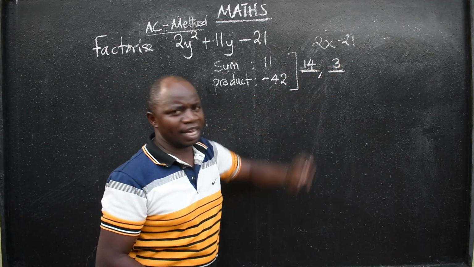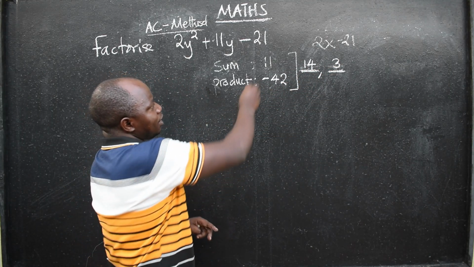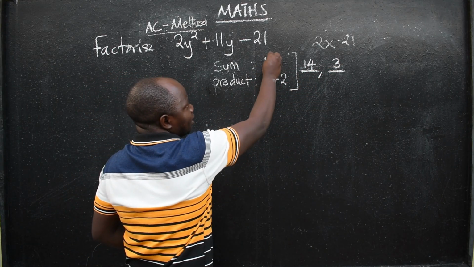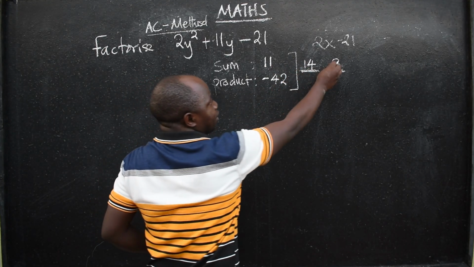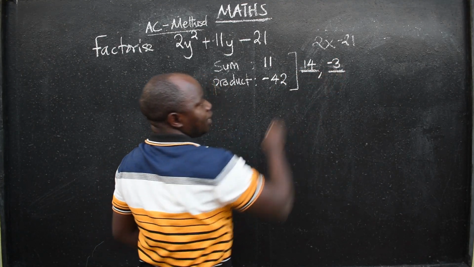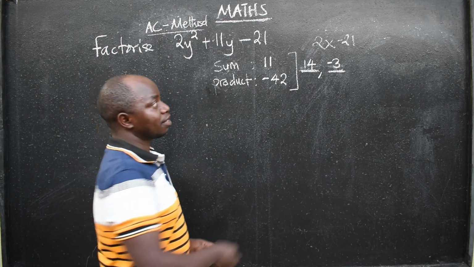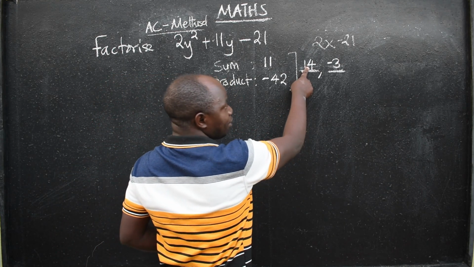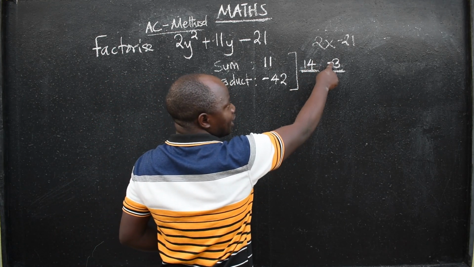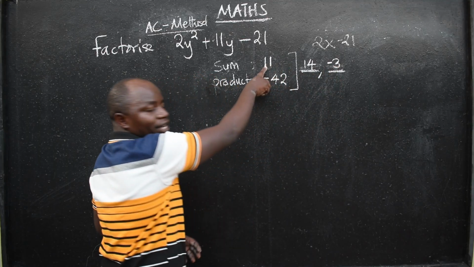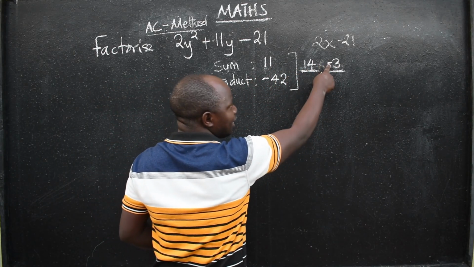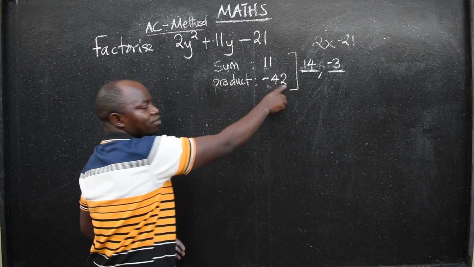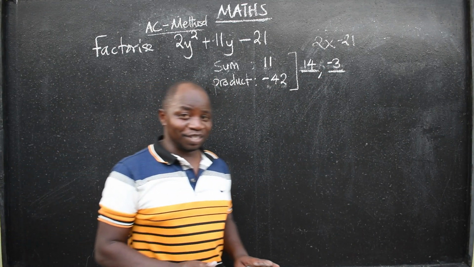But which one should be negative? You can see that what we want here is a positive number. So the bigger number should be positive. The smaller one should be negative. Now you can try. 14 plus negative 3, you get 11. 14 times negative 3, you get negative 42. So those are the two numbers.